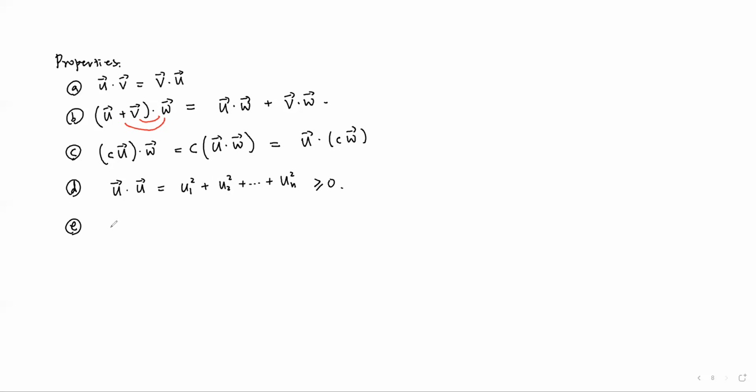E, a vector dot itself. A vector dot itself is equal to 0 if and only if the vector is a 0 vector. A sum of non-negative numbers is 0, then all the non-negative numbers must be 0.